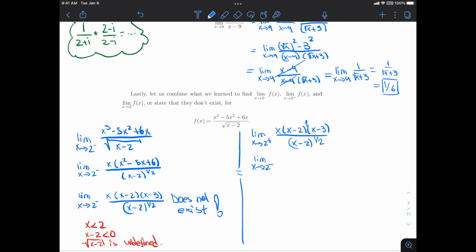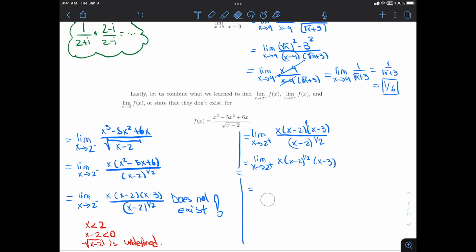So this is x minus 2 to the first power over x minus 2 to the 1/2 power. That allows me to do a subtraction of the powers. So I'm taking 1 minus 1/2 equals 1/2. So I get that. And finally, I want to put my equal signs there. That finally equals 2.